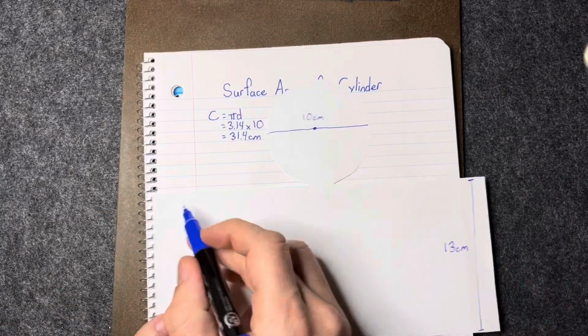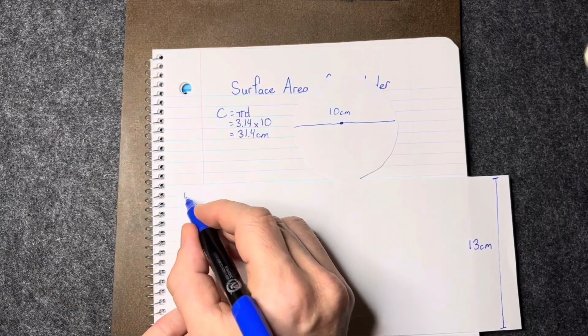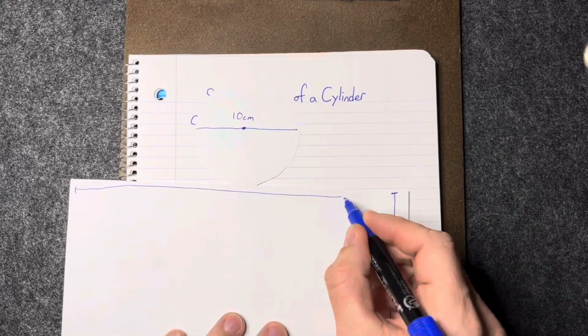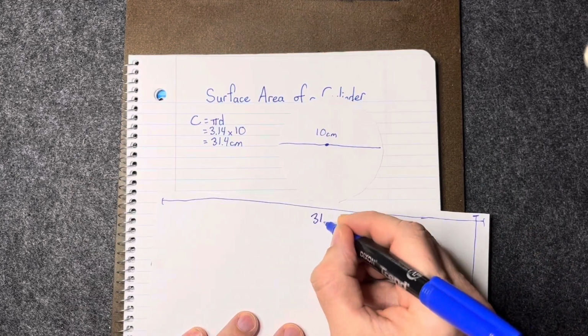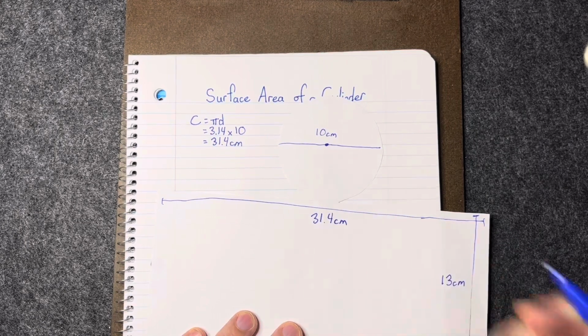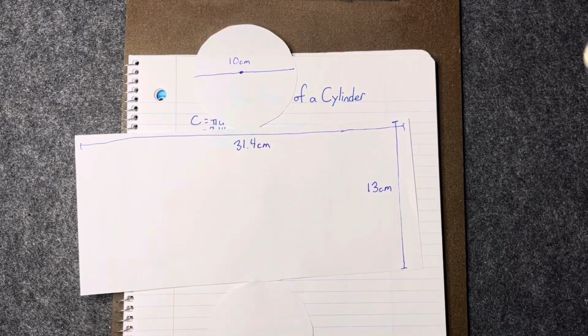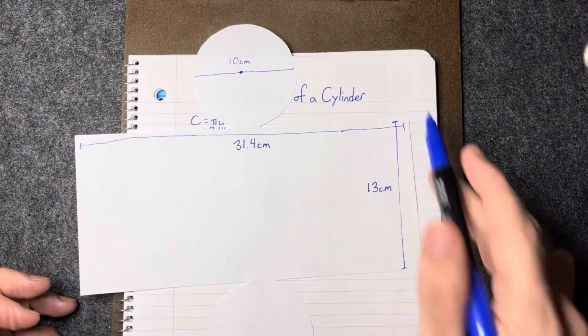So we know that the length of the rectangle is 31.4 centimeters. So we can now calculate the area of the rectangle.